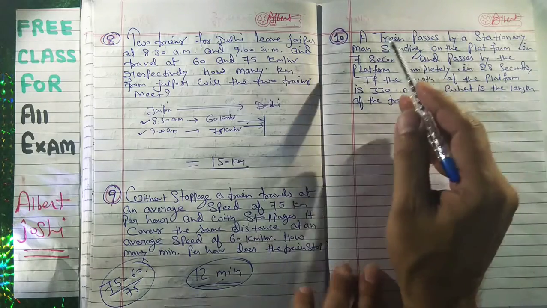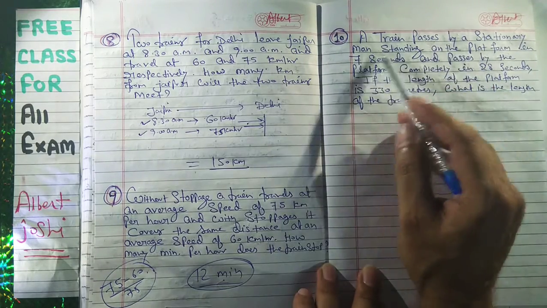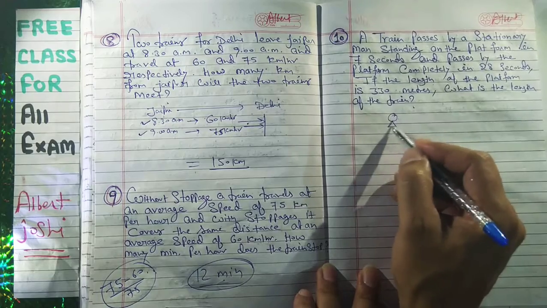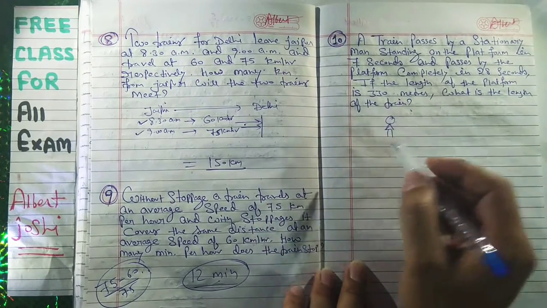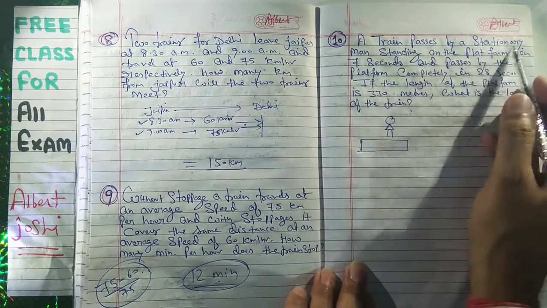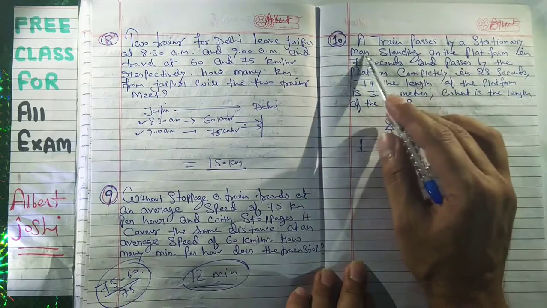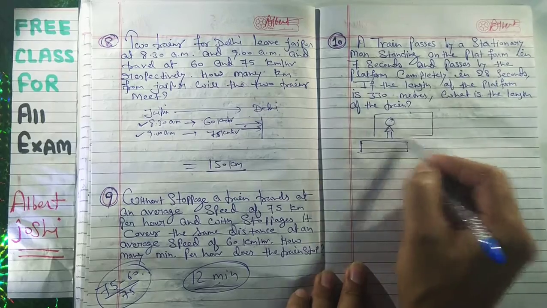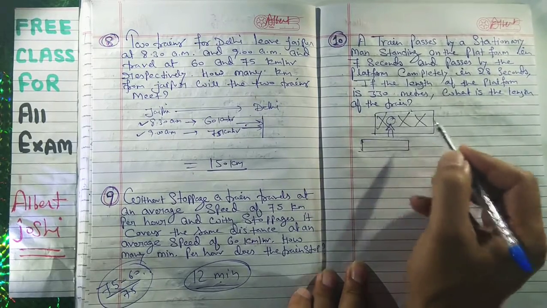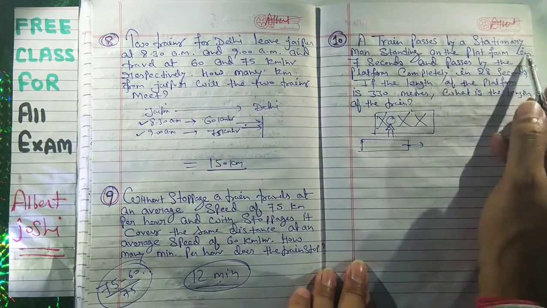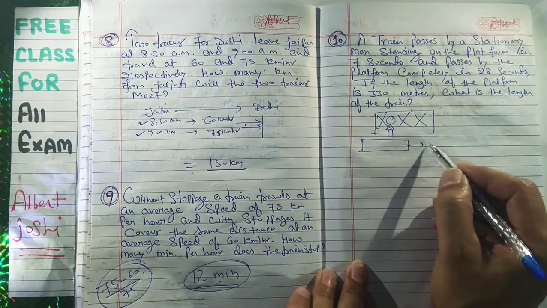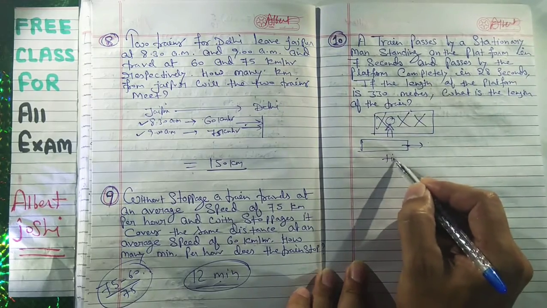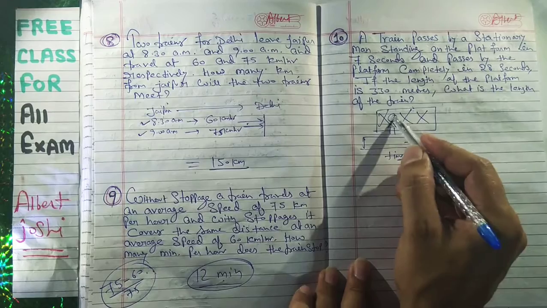Simple. A train passes by a stationary man. This is a person, he is stationary, and this train passes a stationary man standing on the platform. Suppose this is the platform, the train is moving, and it takes 7 seconds to pass this man.